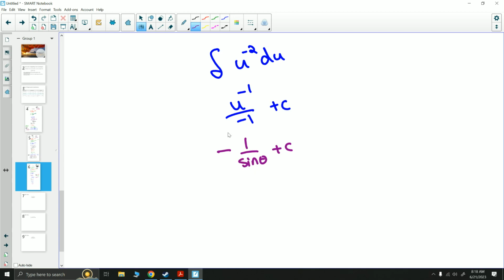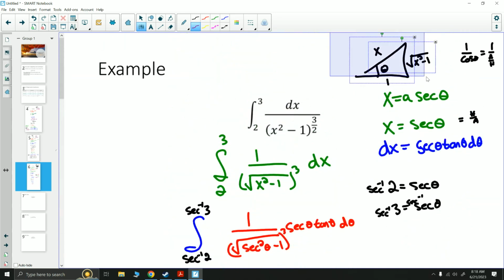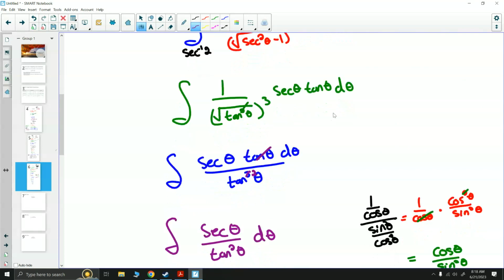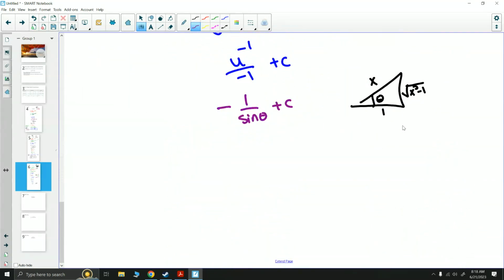But we don't actually care about sine of theta. We don't care about thetas. We care about x's. So this is when we go back to our little triangle that we created. It just takes a little bit more mental gymnastics for me to do SOHCAHTOA with the cosecant, cotangent, and secants. So that's why I'm just leaving it as sine.